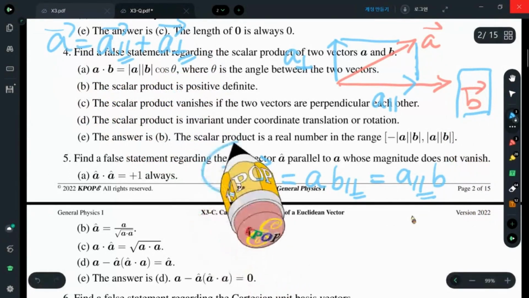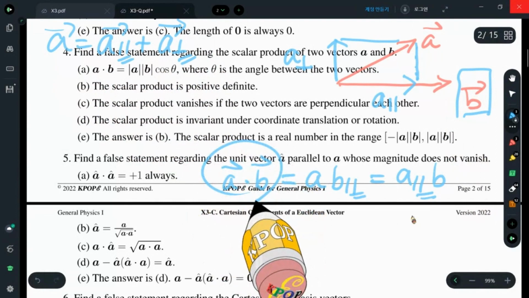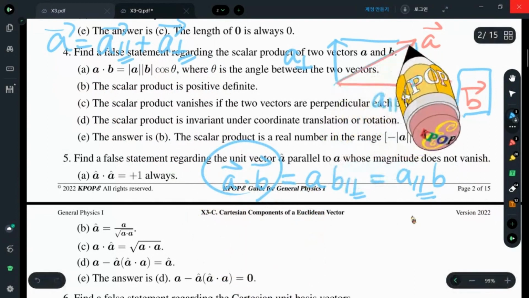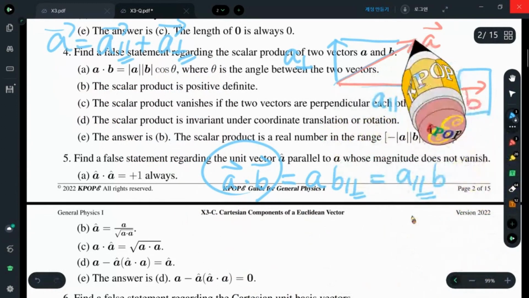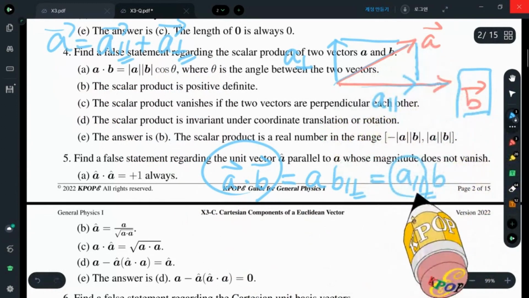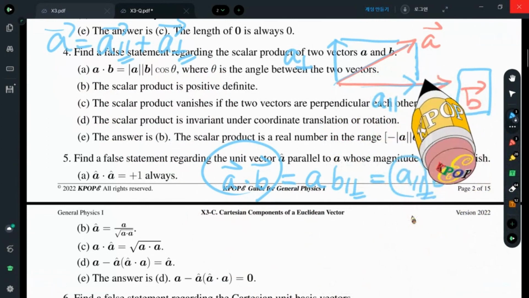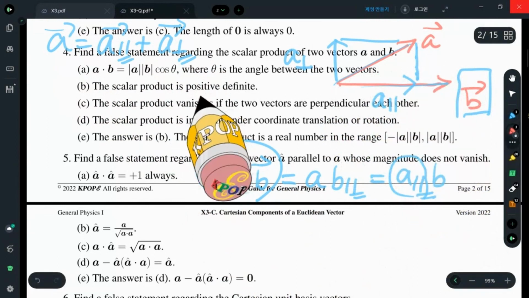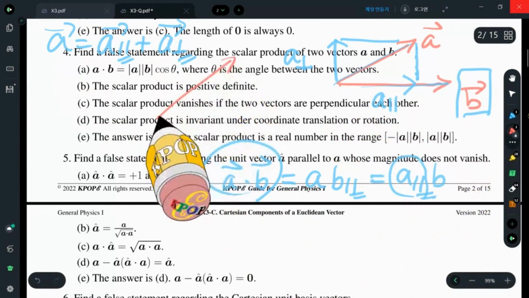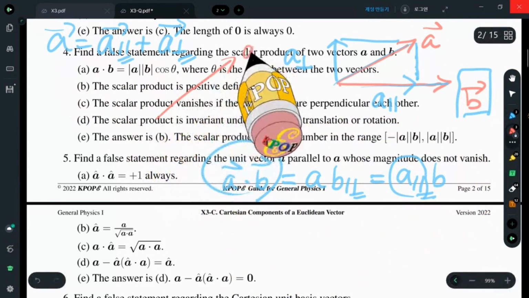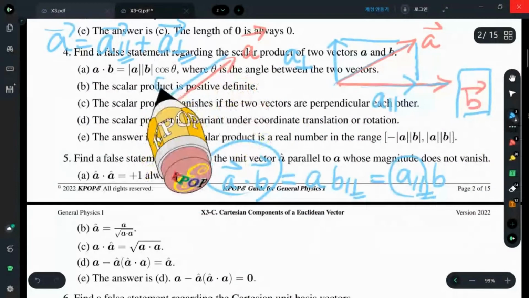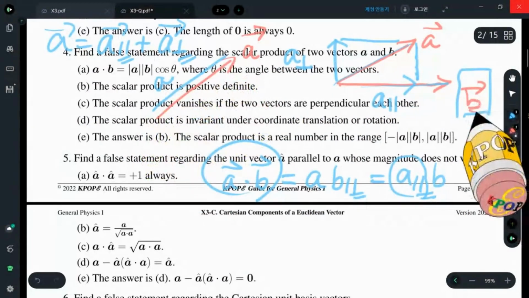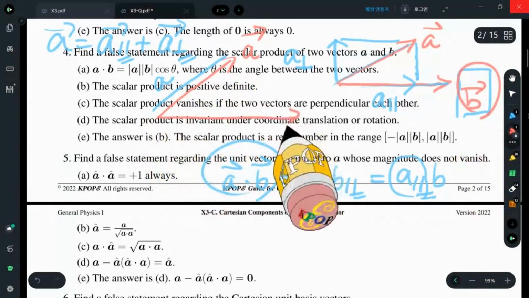In that case, the scalar product is just the length of A and length of B's parallel component. Another way to define this is to keep A, this is the length of A, and B is here.